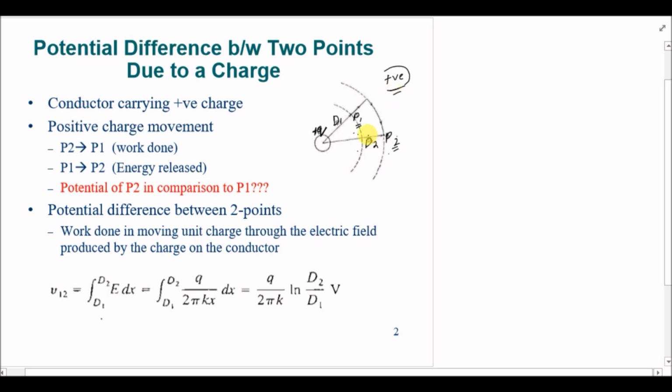So in case of movement from p2 to p1, there is some work done required in moving the charge, and if we have to move the charge from p1 to p2, then the energy will be released.